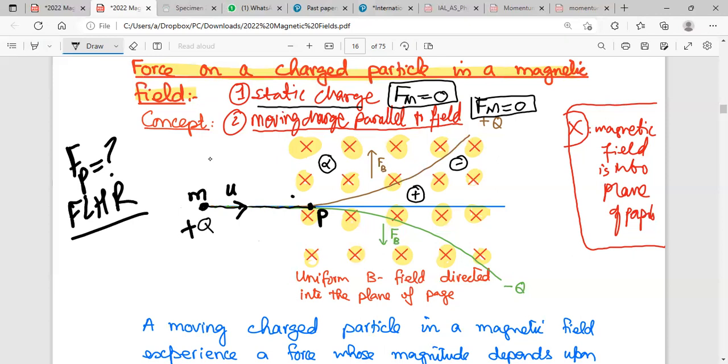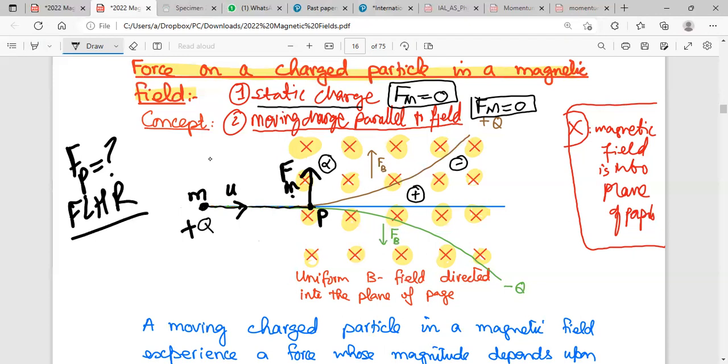Point your first finger into the screen, left hand, first finger into the screen, second finger towards direction of the charge, towards the direction of positive charge, that is towards your right side or towards right up side of the screen, and hopefully your thumb should be pointing towards the top of the screen, right? Upwards, towards the top of the screen, like this.